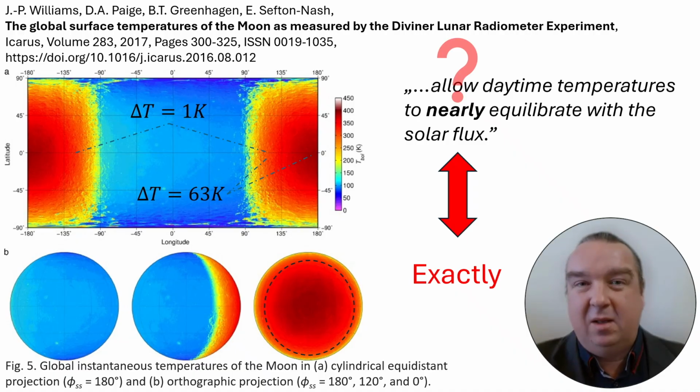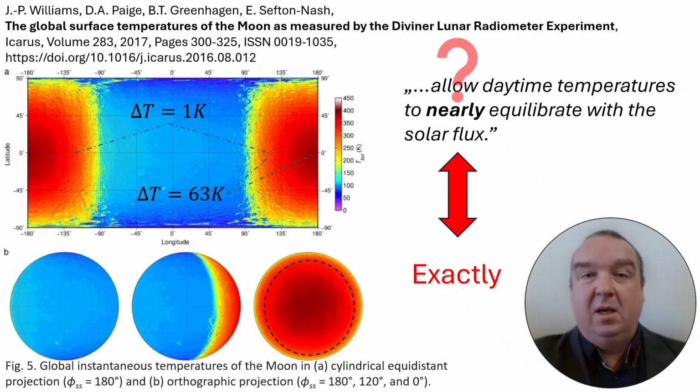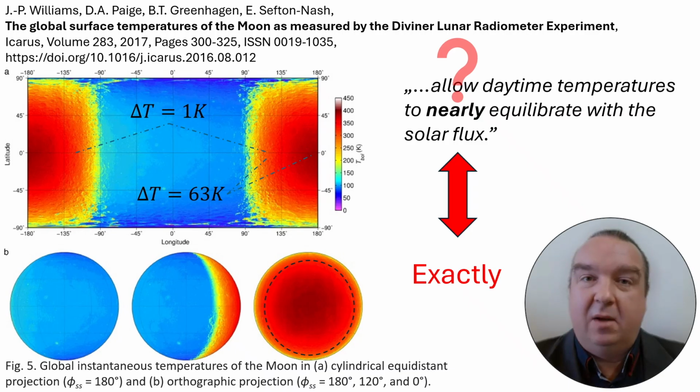So we can say that half of the day side is exactly in equilibrium with something coming from the Sun. So I think the nearly equilibrium is not enough for the explanation.